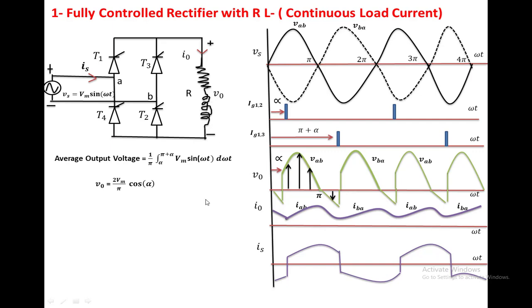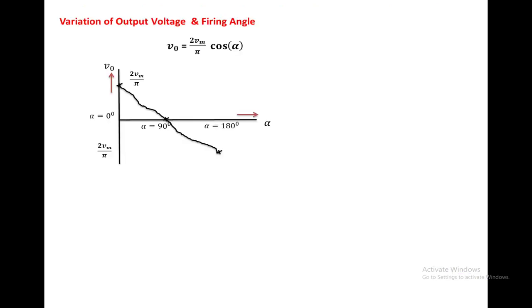Some amount of energy is stored in the inductance, and that is given back to the source. That is possible if you maintain the firing angle more than 90 degrees. So this converter operates in a two quadrant operation. This is the first quadrant, this is the second quadrant. In the first, the power is given from the source and taken by the load.